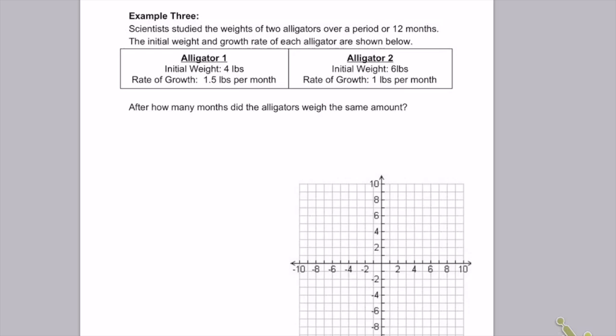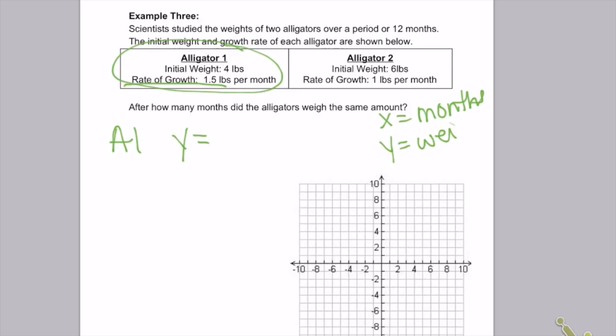So alligator 1, its initial weight is 4 pounds, and the rate of change or rate of growth is 1.5. So when we write that, we'll have y equals, remember, x is going to be your months, and y will be your weight of the alligator.